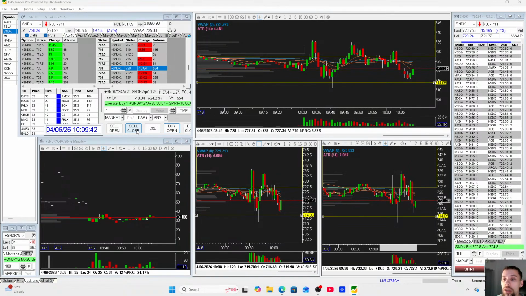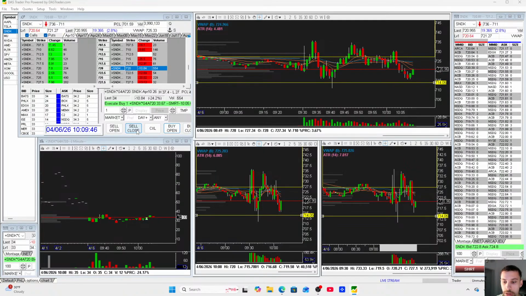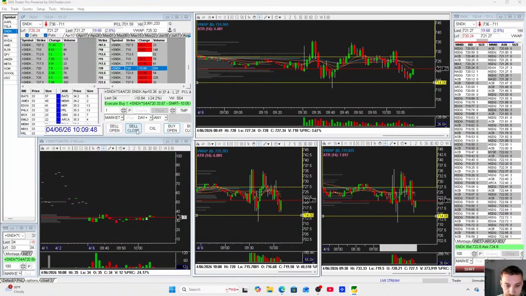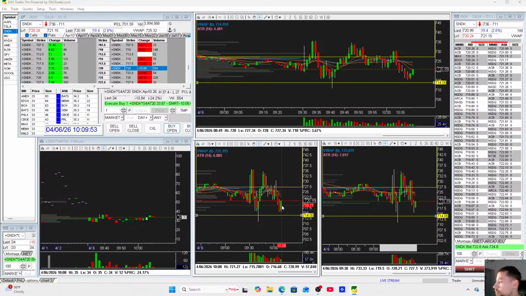Beginning to pull back. Might just float in this range here. Don't like this 2 minute. It's pulling back aggressively.